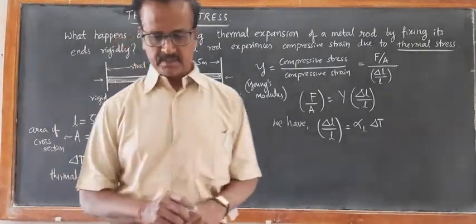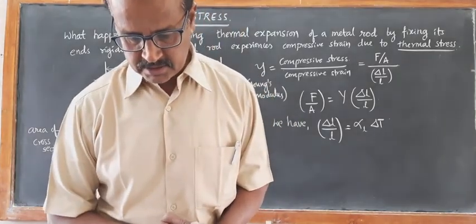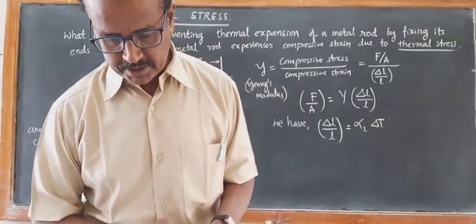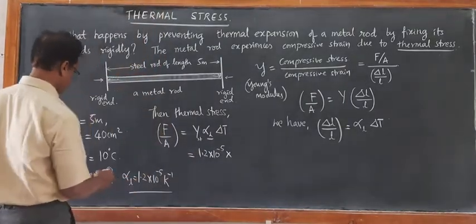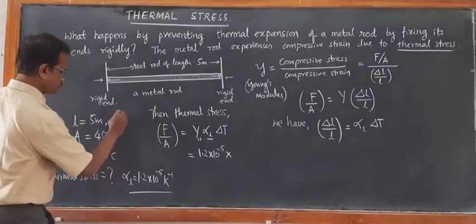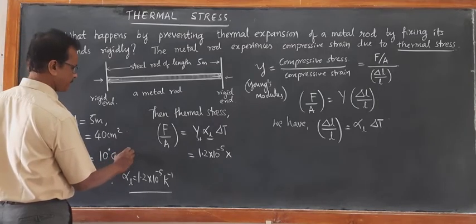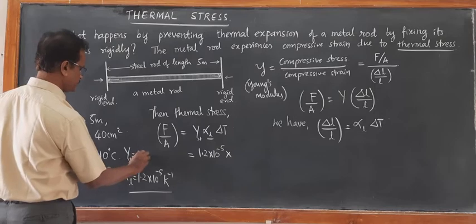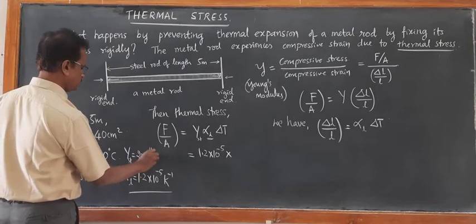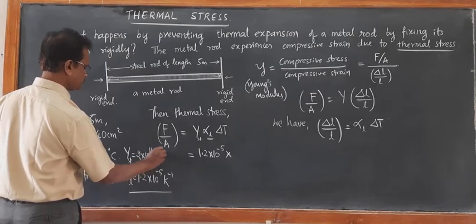Young's modulus of steel is also known to us. It is 2 into 10 raised to 11 Newton per meter square.